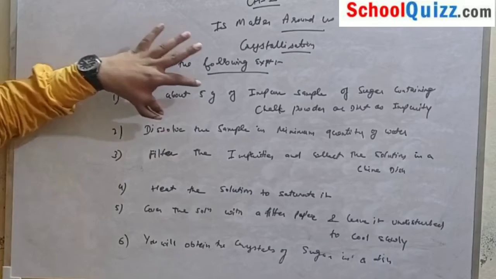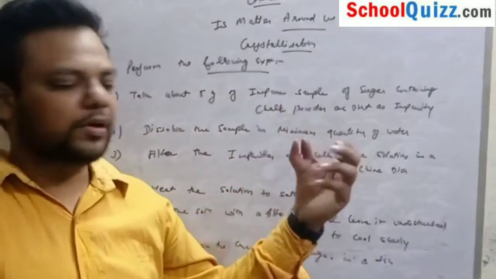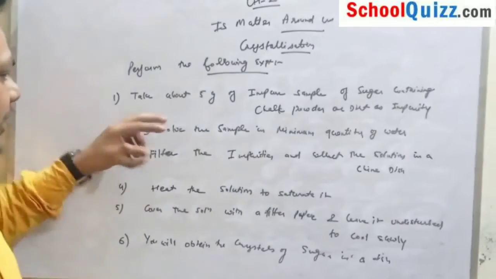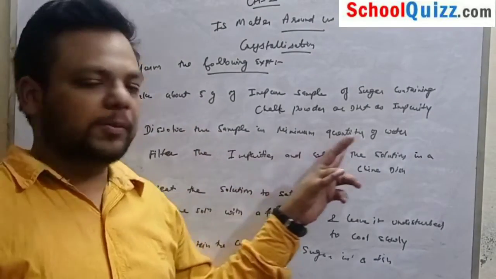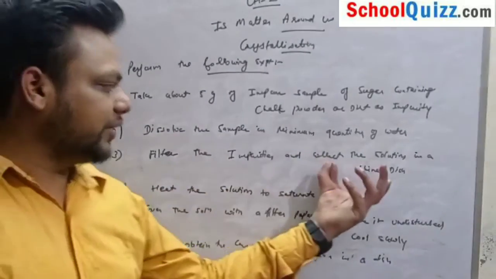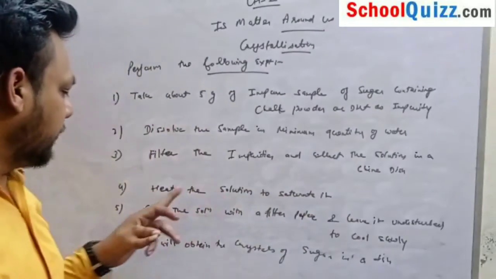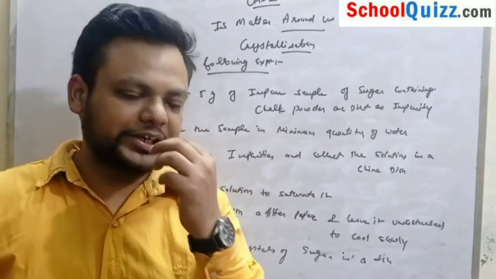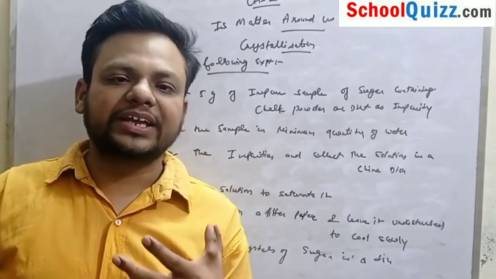So six points are given for the experiment. First one is we have to take 5 gram of impure sample of sugar containing chalk powder or dirt as an impurity. We have to dissolve it in the minimum quantity of water, then filter the impurities and collect the solution in a china dish. Fourth, we have to heat it to its saturation point, that is, maximum solubility can be achieved.